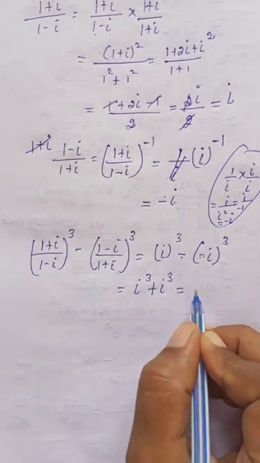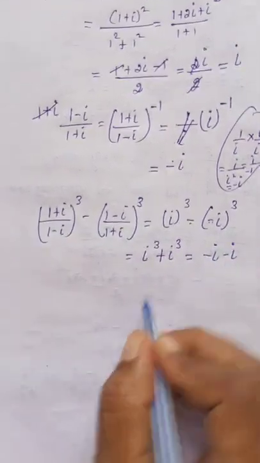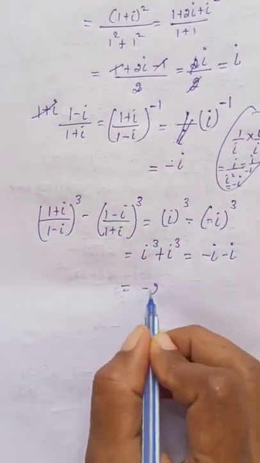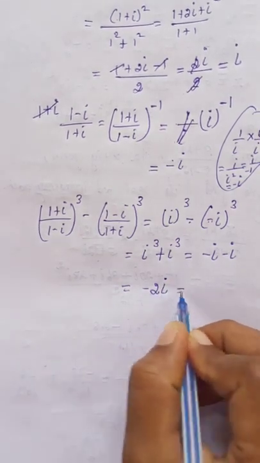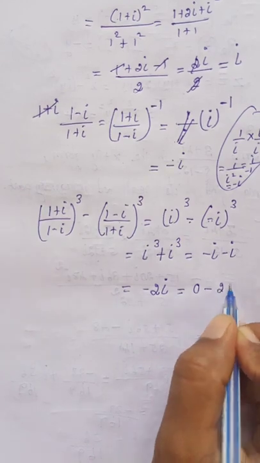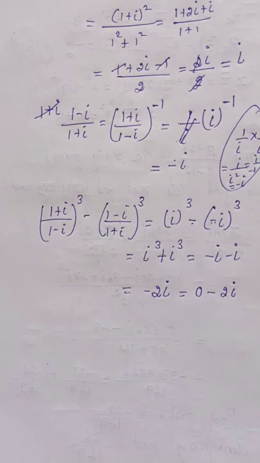We know the value of i cube is minus i. Again minus i. Therefore the answer is minus 2i, or else you can write it as 0 minus 2i, because they have asked you to write it in rectangular form. Is that clear? We have to simplify and bring it into a complex number.